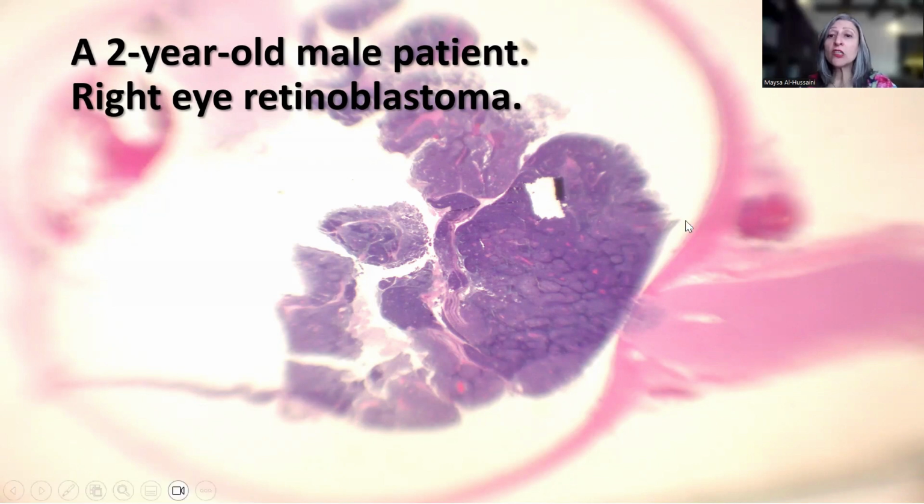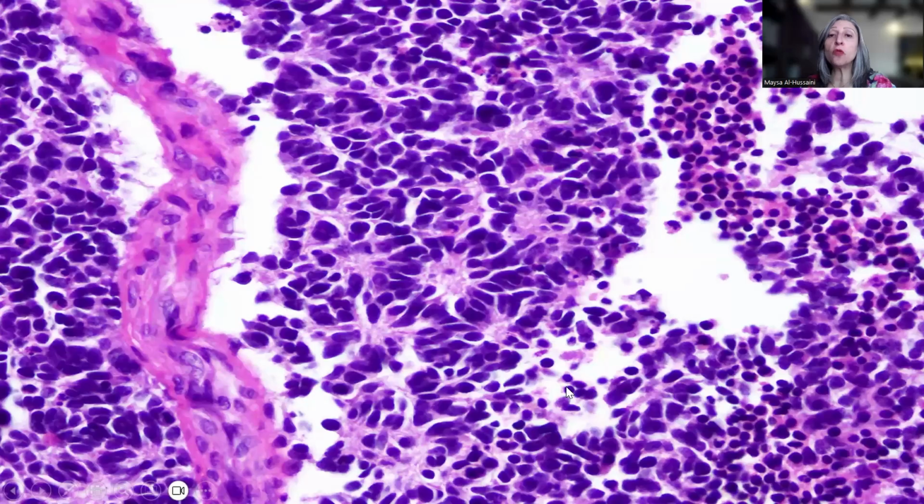So we're going to zoom in here first of all, and this is the tumor, this is the retinoblastoma. As you can see here, there is formation of rosettes, the Homer Wright rosettes, in which fibrillary structures are seen within the space in between the aligned nuclei of the retinoblastoma.